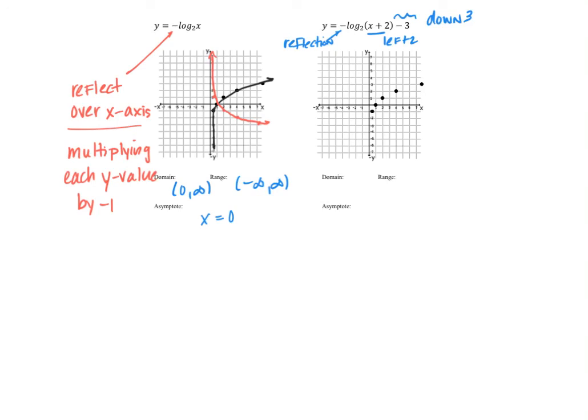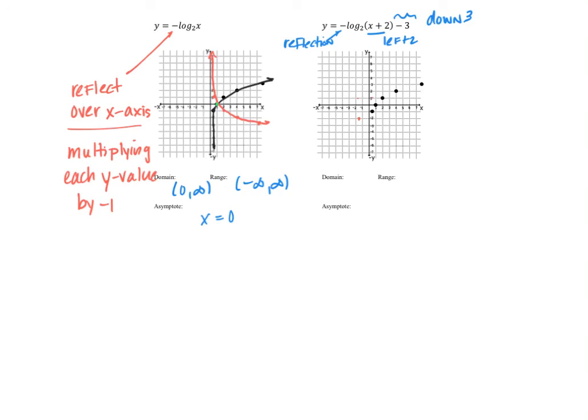In this first graph, I was at 1/2, 1. So if my initial point was at 1/2, 1, I'm now going to go left 2 from there, left 1, 2, and I'm going to go down 1, 2, 3. All right, second one. My next point was at 1, 0. And again, I'm building off of this guy.